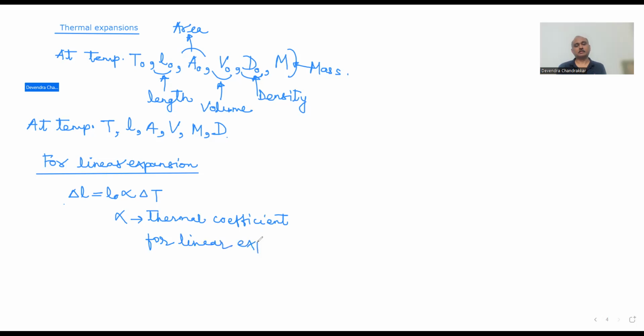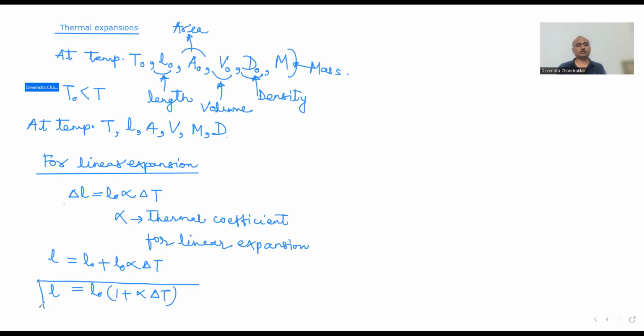So length L at any temperature T, of course T is greater than T naught, is L naught plus L naught alpha delta T, or L naught times (1 plus alpha delta T). This is L.